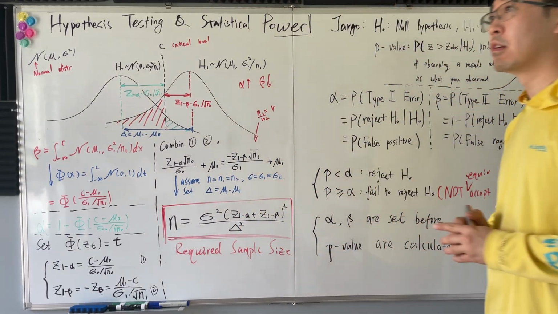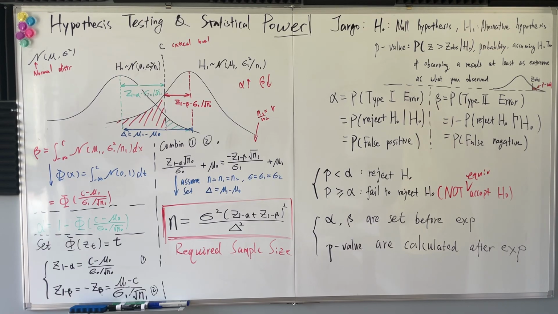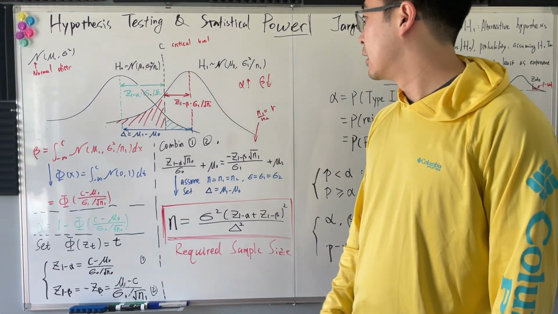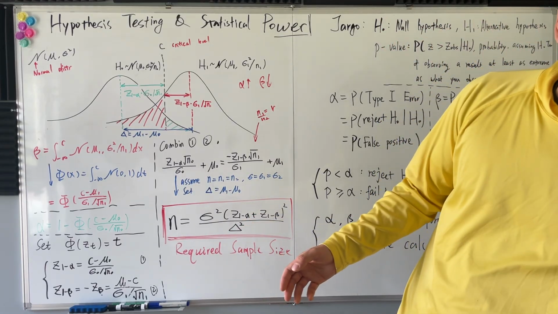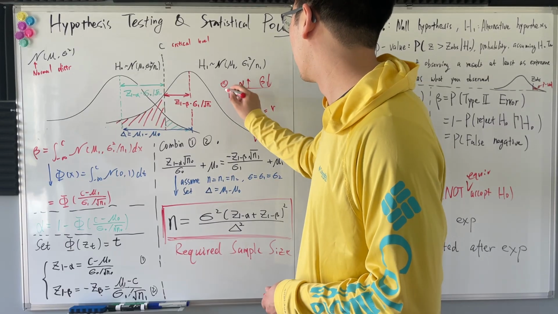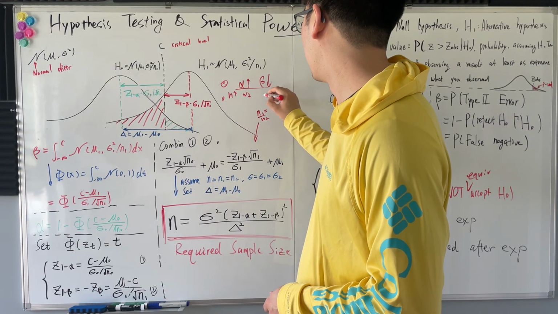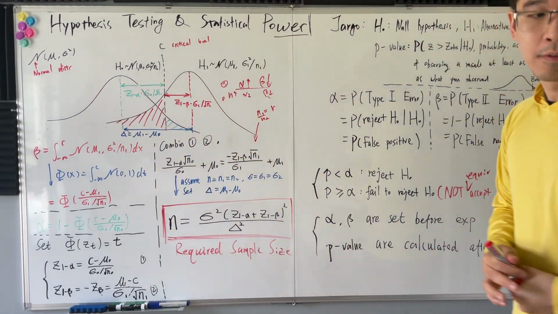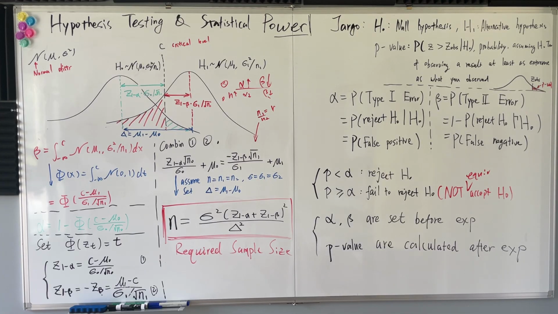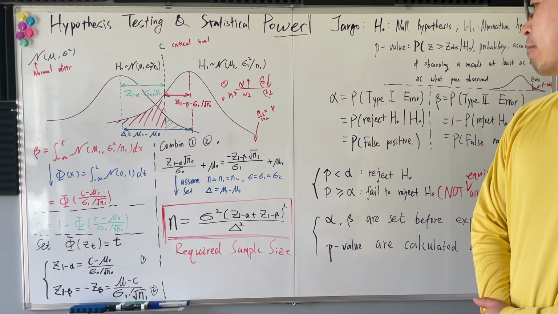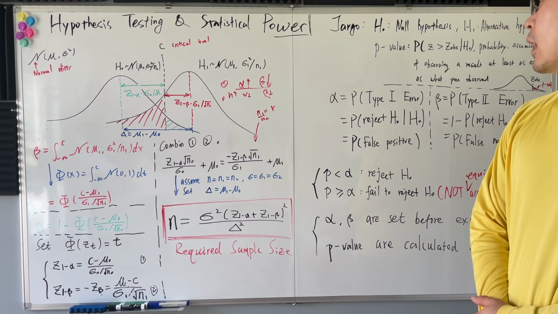They almost always have an opposite effect, given the same sample size. Of course, if you reduce n, it's a different scenario: alpha and beta will both reduce because both of these distributions become narrower. And you can see that from here as well.